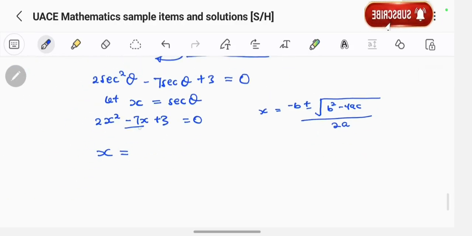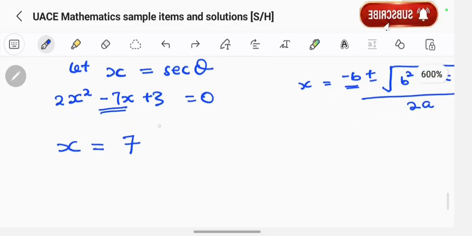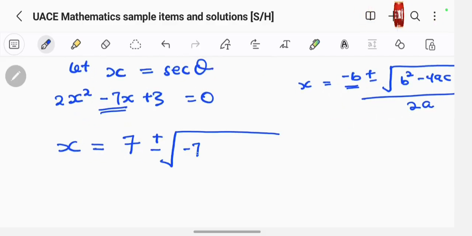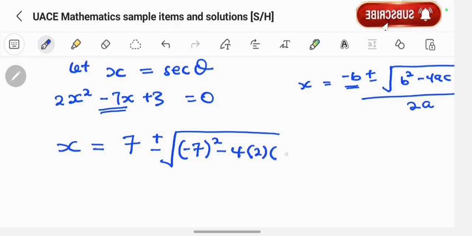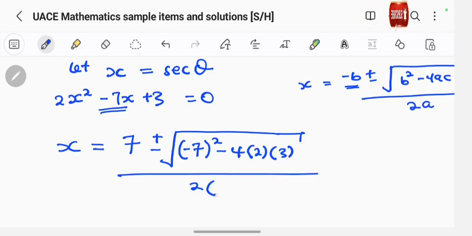But now my b is already negative, so when I put in negative b here, it's going to become positive. So 7 plus or minus root of negative 7 squared minus 4. My a is 2 and my c is 3, divided by 2.